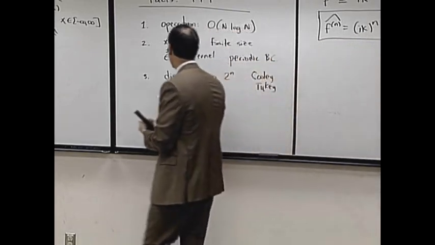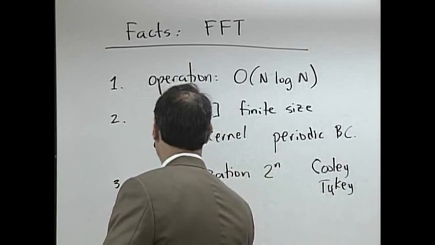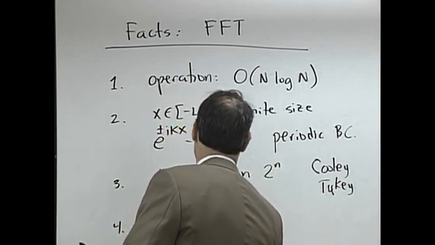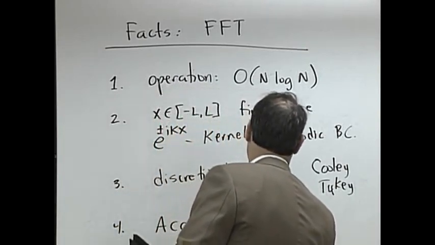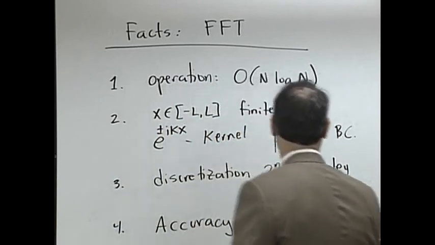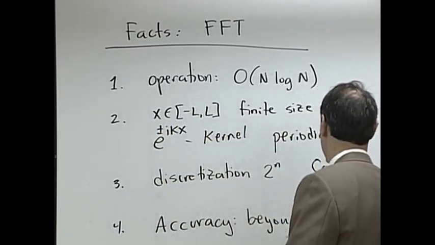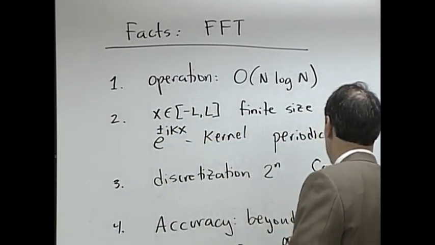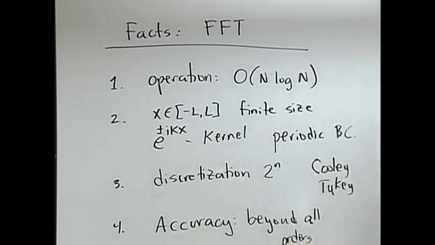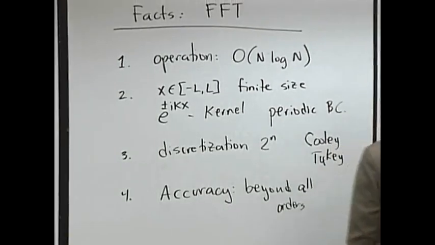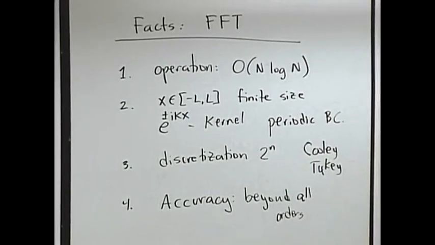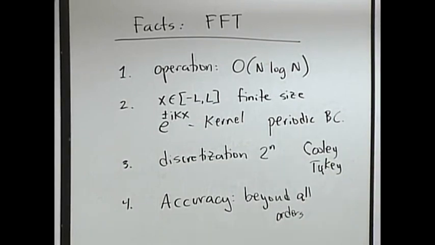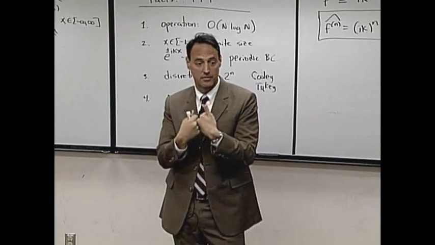And then the final thing is accuracy. I'm going to put this phrase here, which won't mean much. The accuracy properties of Fourier transforms are what's called oftentimes beyond all orders. So for instance, when we discretize using finite difference methods, and you say, calculate for me a second derivative, right?